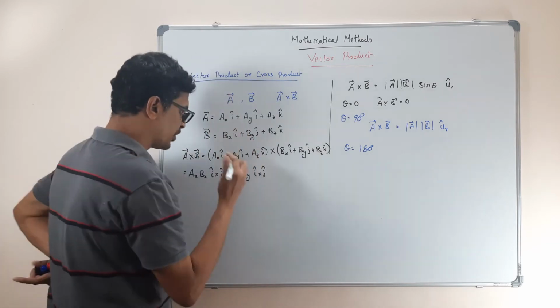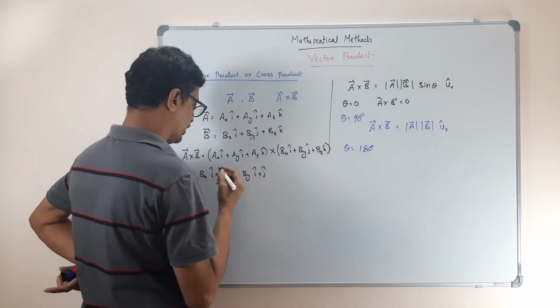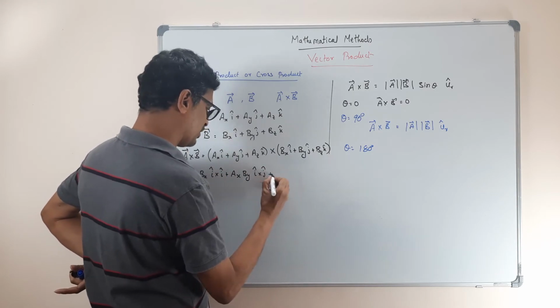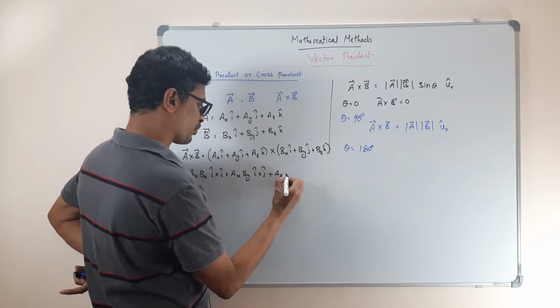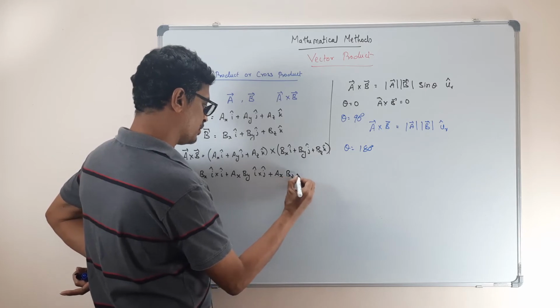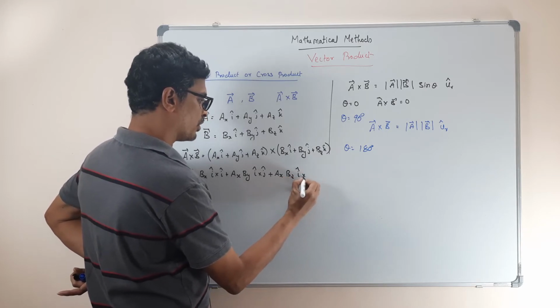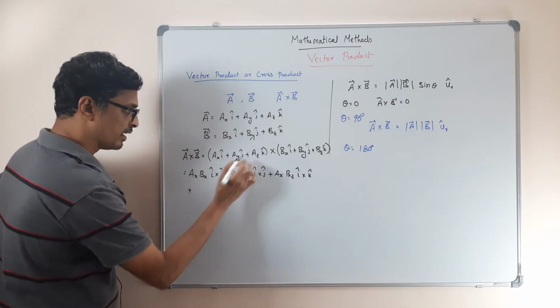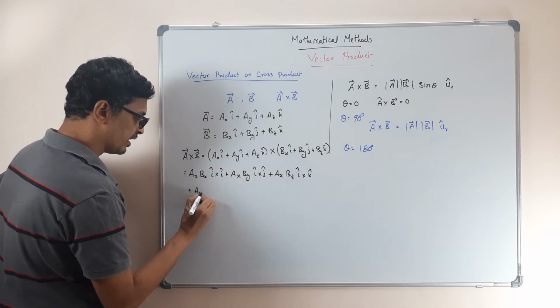Then what will be the third one? AX BZ into i cap cross k cap, and then plus AY BX, correct?